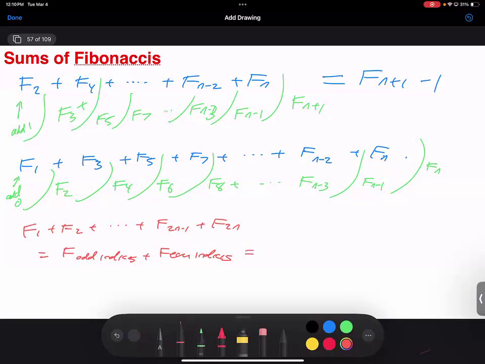For the odd indices, I get, I think, Fn. And then the even indices, I would get Fn plus 1 minus 1. And then that should give me Fn plus 2 minus 1. And then you just have to play games with, what if I'm not going to an even number? What if I'm going to an odd number?